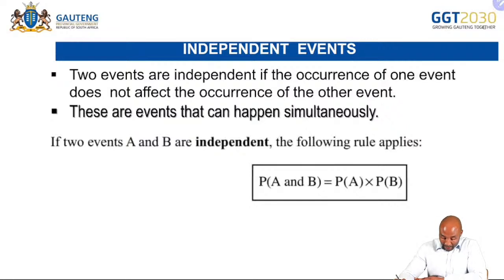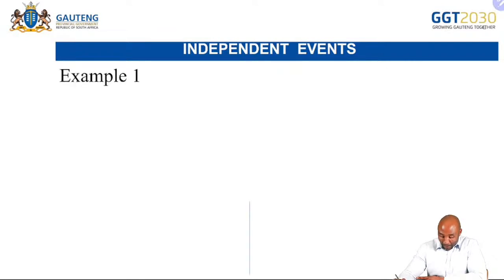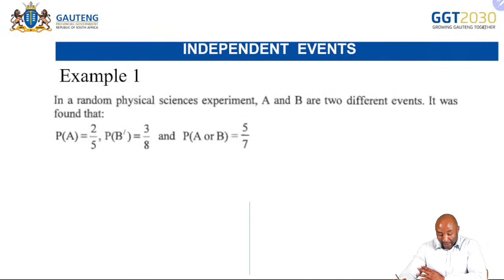So for our independent events, the occurrence of event A has no influence on the occurrence of event B. Therefore, we use the probability of A and B is equal to the probability of A multiplied by the probability of B. Now, as an example, we are given that in a random physical experiment, A and B are two different events.